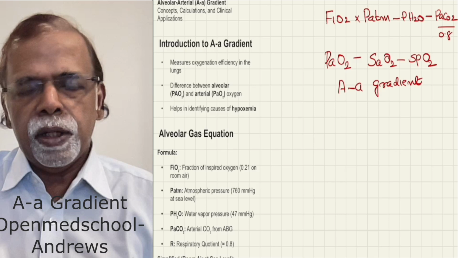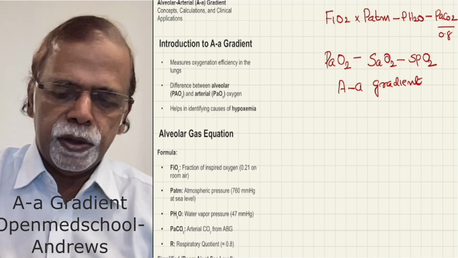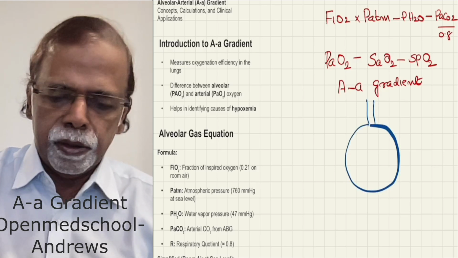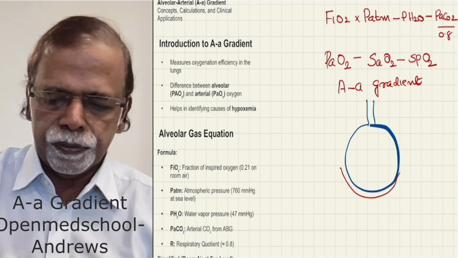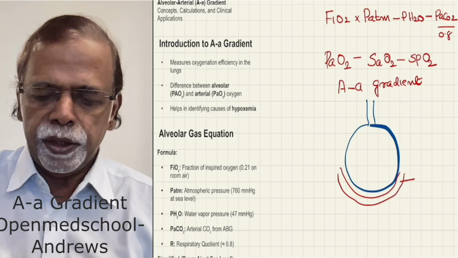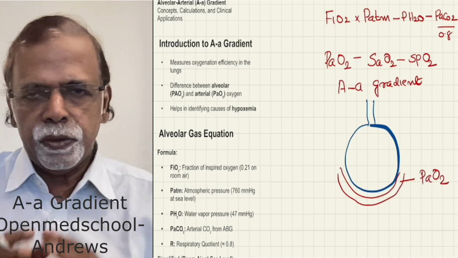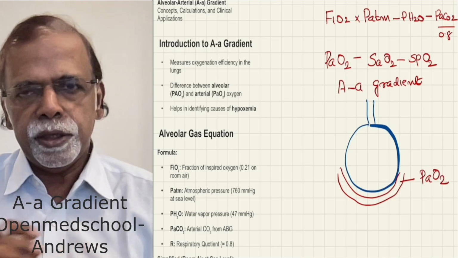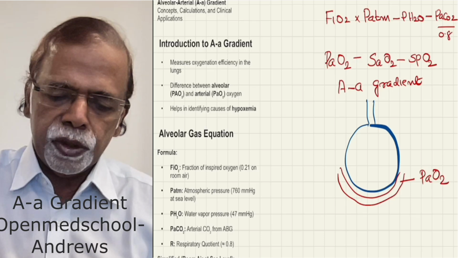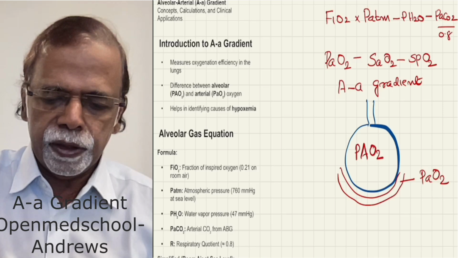So what is this alveolar arterial gradient? If you look, this is the alveoli and here are the capillaries. The pressure in the artery is the PaO₂, that is the partial pressure of oxygen in the artery, and that is easily measured by the ABG machine. The pressure of oxygen in the alveoli is the PAO₂, written with the A as a capital.